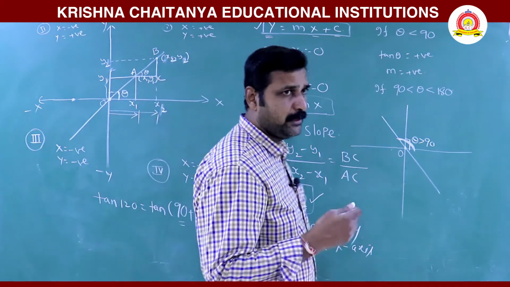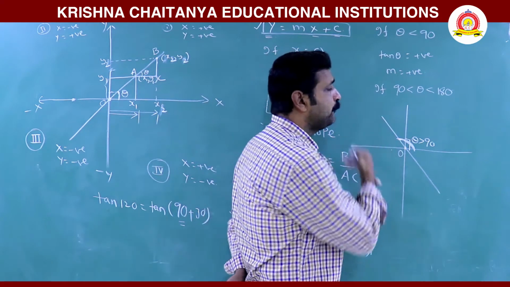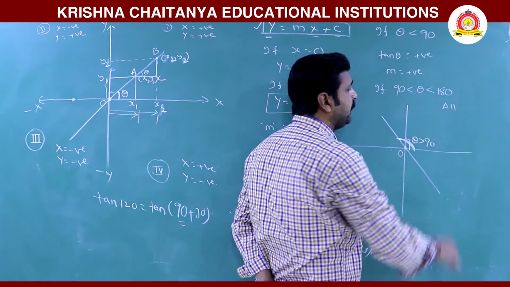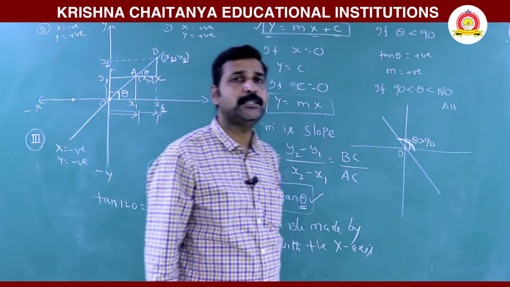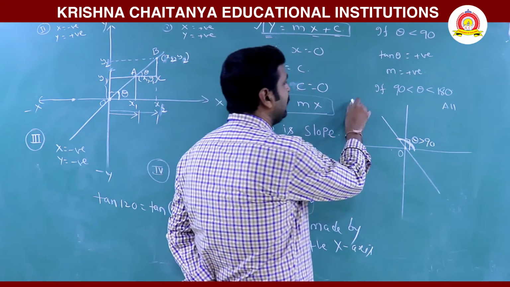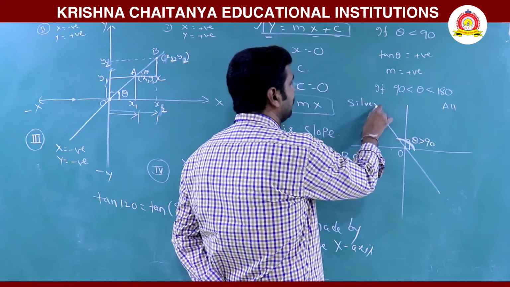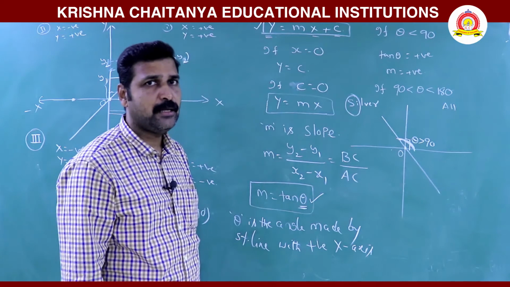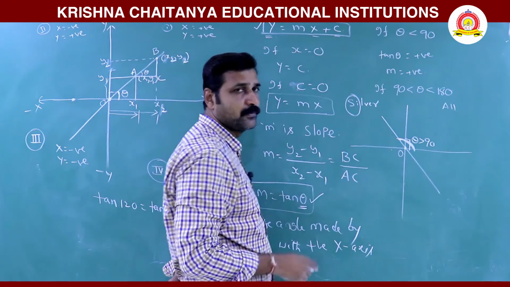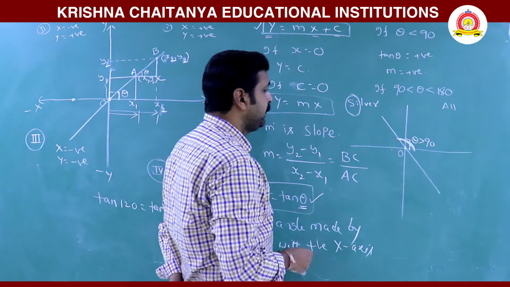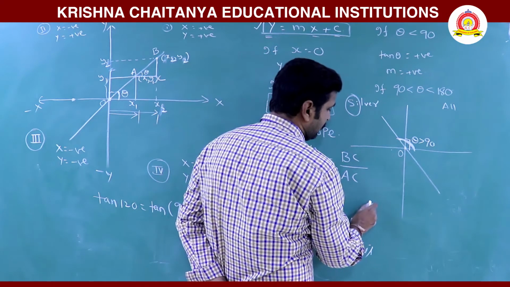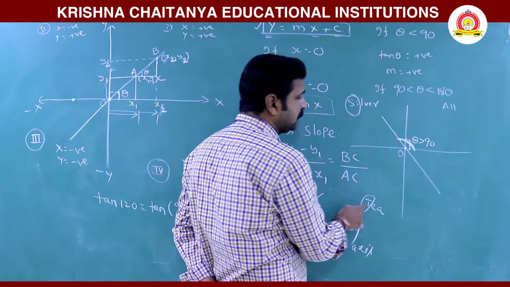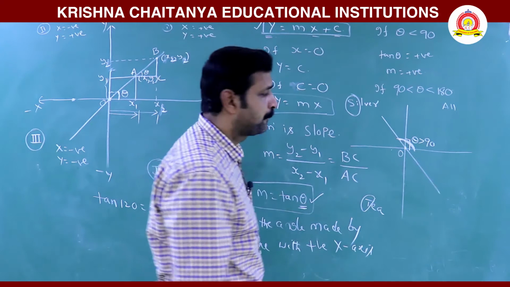For trigonometric functions, in the first quadrant all trigonometric functions are positive. In the second quadrant only sine functions are positive. Tan functions in the third quadrant are positive.